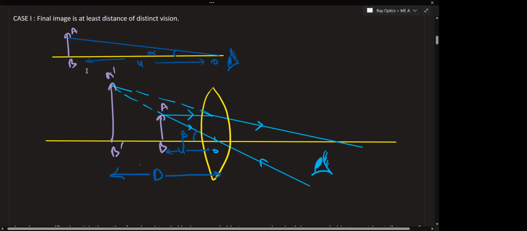AB divided by OB, right? AB divided by OB, because this is the angle subtended by the object. Then you have the angle subtended by the image, that is beta. So tan beta will be what? Tan beta will simply be A dash B dash by O, right? A dash B dash by O.